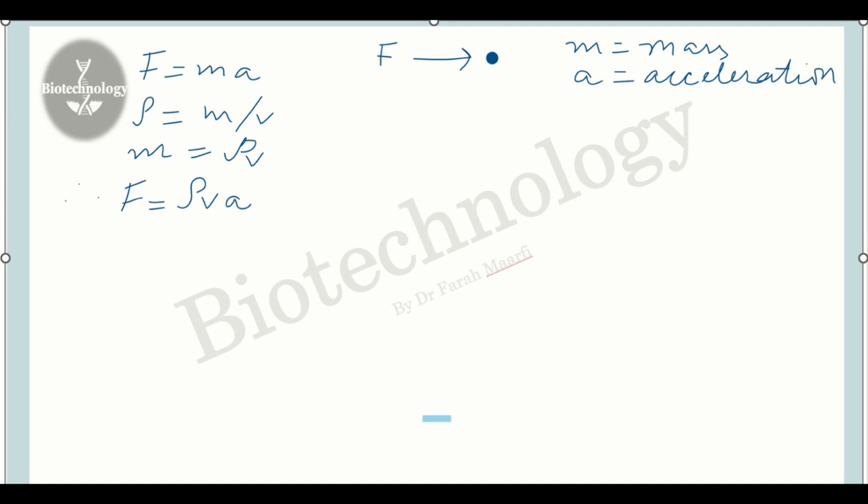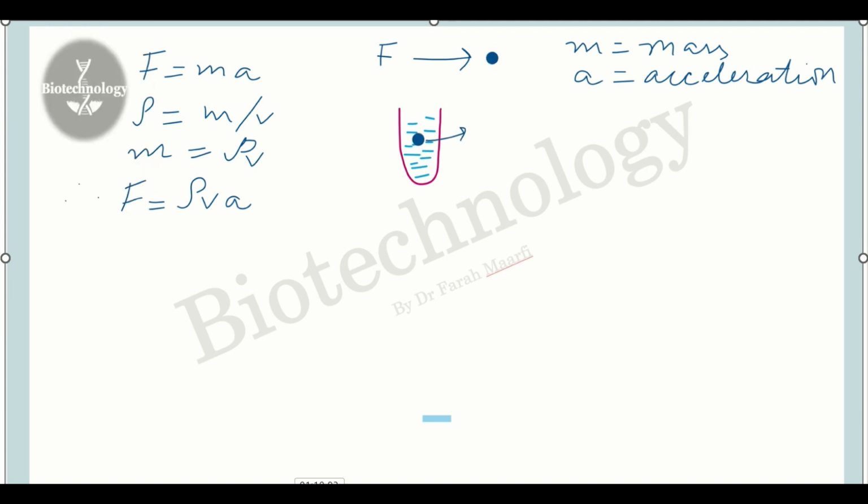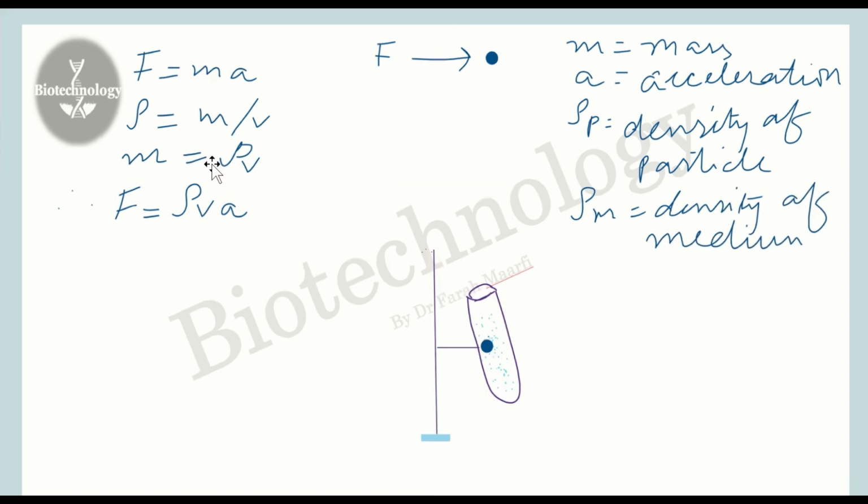Let's suppose we have a test tube filled with some medium and we immerse this biological particle into it. Then the particle must have some density, represented as rho P, and the medium also has its own density, represented as rho M. Rho P here will be equal to the density of the particle, and rho M will be equal to the density of the medium.